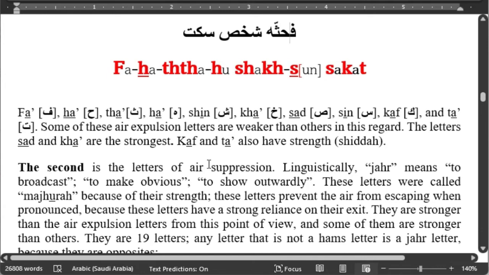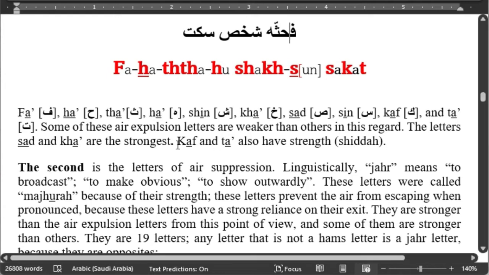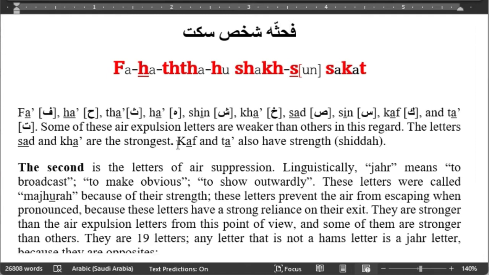So for example, you could say at-raba instead of at-raba. So when we say air expulsion here, we're not saying all of them are just blowing all the air in the world, all of your lungs just coming out. No, they have a spectrum of strength.